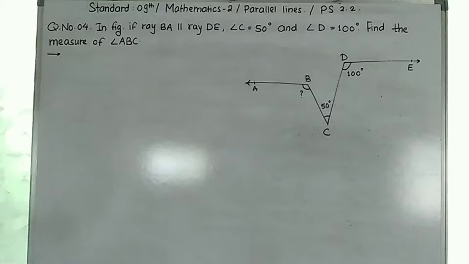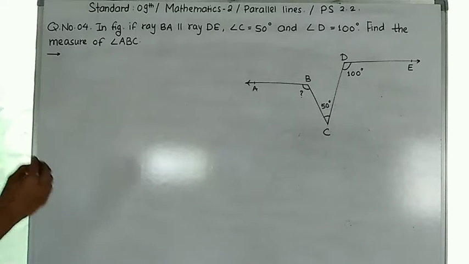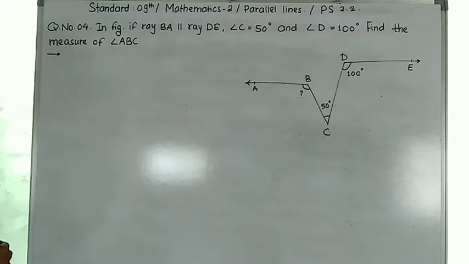How can we find this? To find the solution of this particular question, we have to do a certain construction work. We have to assume something so that we can find the measurement of angle ABC.